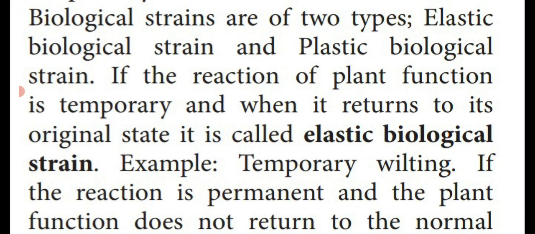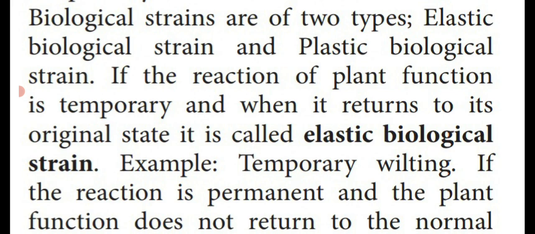This is known as elastic biological strain. Example, temporary wilting. Wilting means leaves falling from the plant. Most of the time, mature leaves fall off. That is known as temporary wilting.